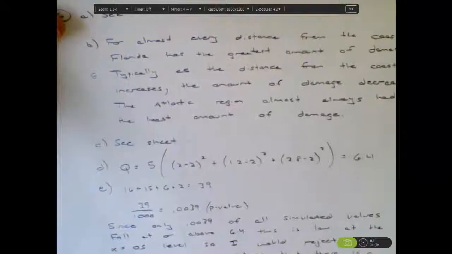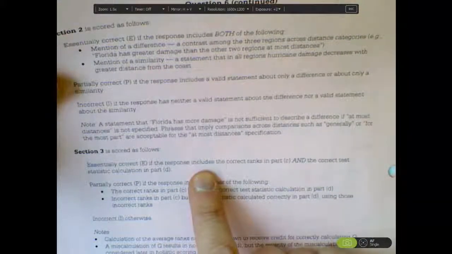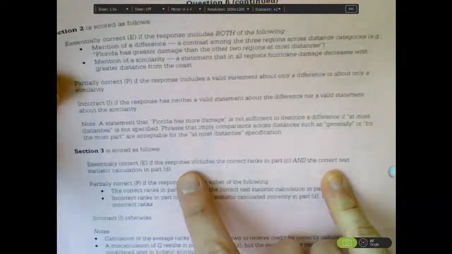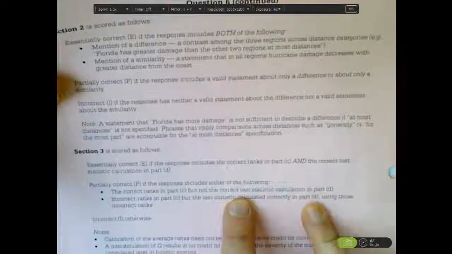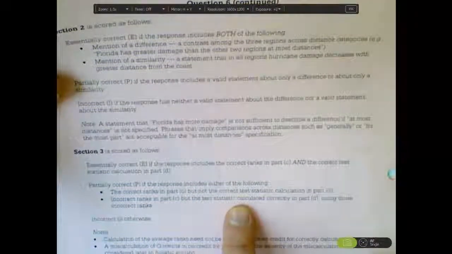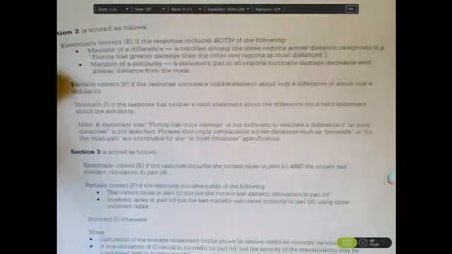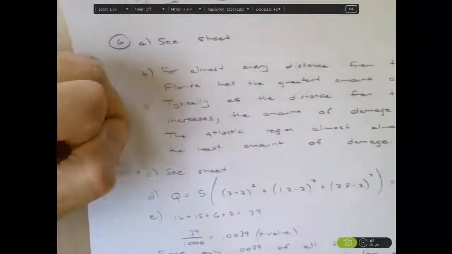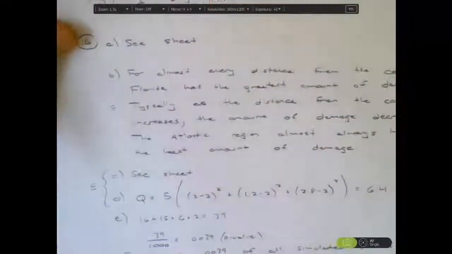So as I look at section 3, it's essentially correct if you have the correct ranks and the correct test statistic. Partially correct if you have the correct ranks but you messed up the test statistic, or you have wrong ranks but you've followed through correctly. So worst case, you should be getting a P here. All right, so C and D together, I've done both of those parts properly. That's going to earn me an essentially correct.